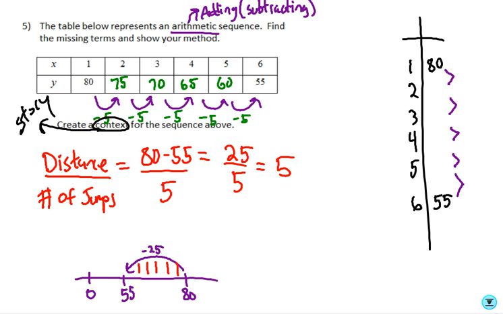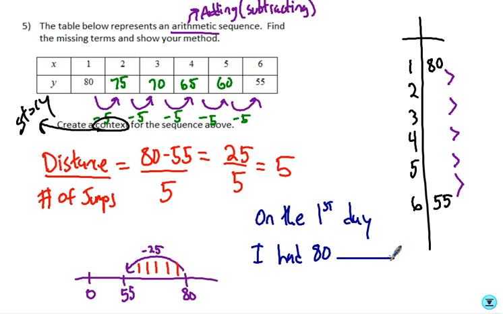But it could be that on the first day I had 80, blank, and blank by 5 per day.